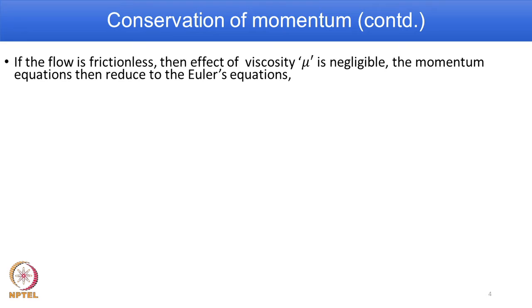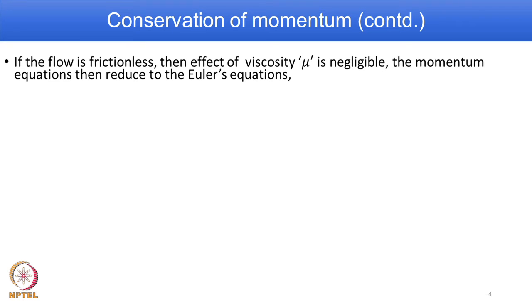Like we did in conservation of mass, if you simplify for different situations, then the original generic continuity equation gets reduced to two dimensional, with only the spatial derivatives. Similarly, the conservation of momentum equation also can be reduced for different simplified situations.